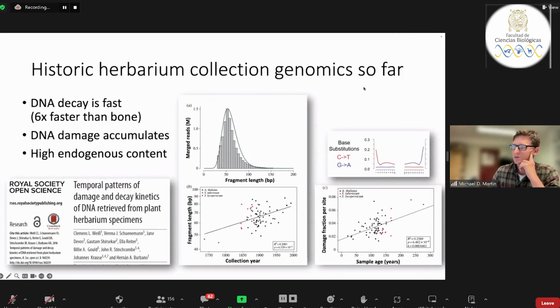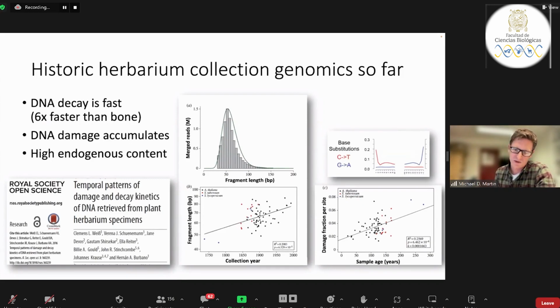So what has been happening with herbarium genomic analysis so far? Well, there's actually been quite a lot of work going back perhaps 15 years. Really about 10 years has seen a lot of studies coming out. And what we know basically is that the decay of the DNA, the degradation of the DNA that's in these plant specimens, is happening very quickly.